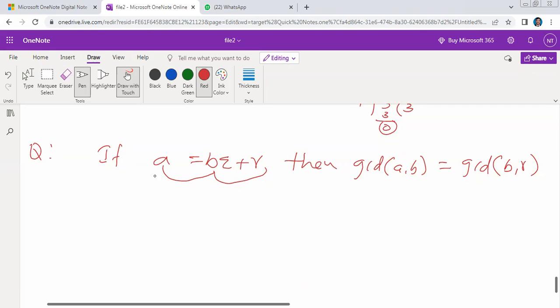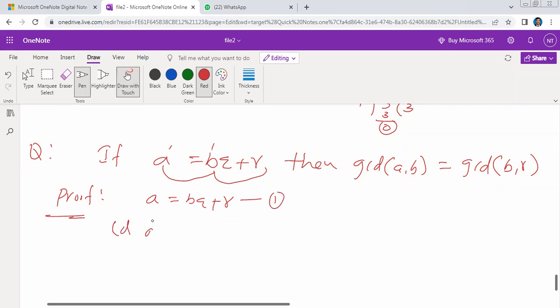Suppose any relation A is equal to BQ plus R, then the greatest common divisor of A and B is the same as that of B and R. Now I want to prove this. Given A is equal to BQ plus R, this is my first equation.